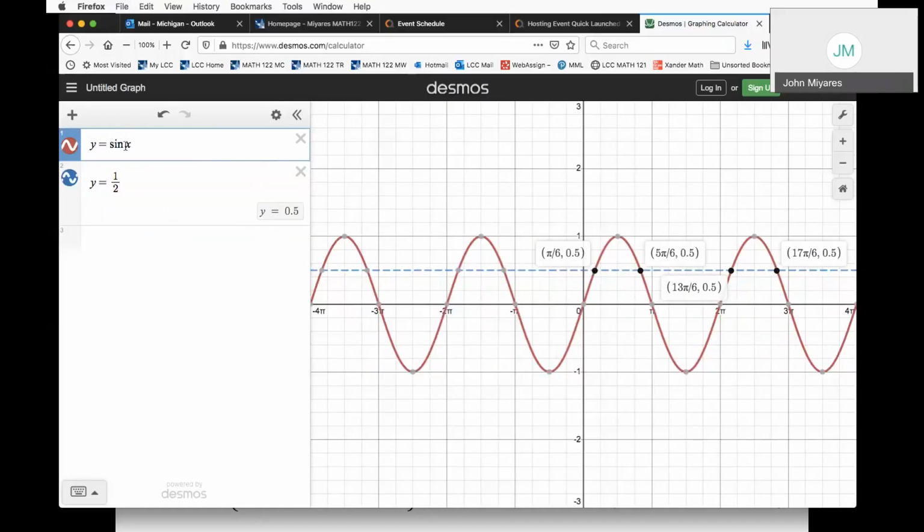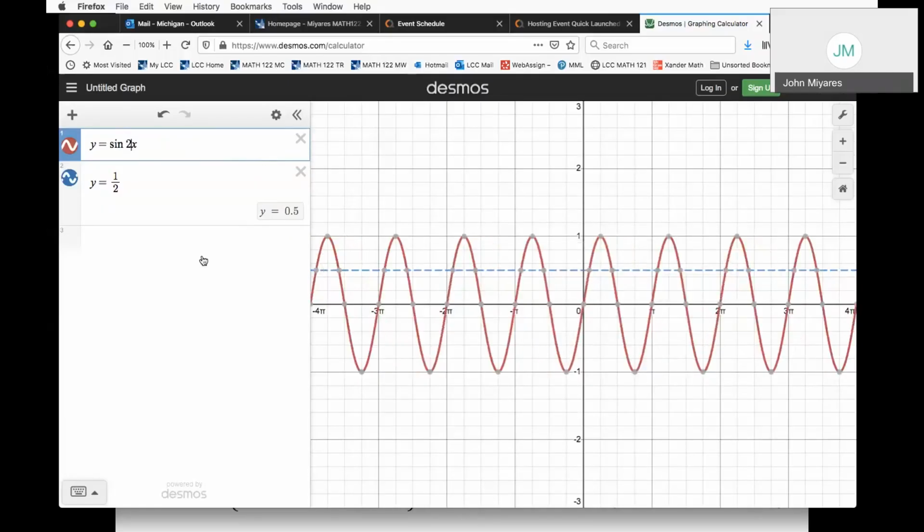But then since I'm dividing by 2, that's now going to give me 4 angles between 0 and 2 pi, such that when I double these values, the sine of the doubled angle will equal 1/2. Hopefully that puts things into a good perspective for you.